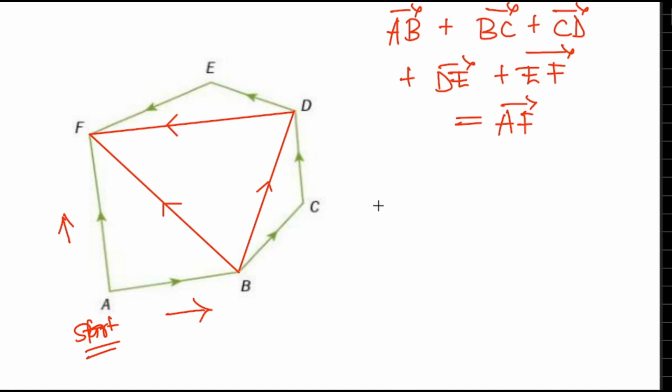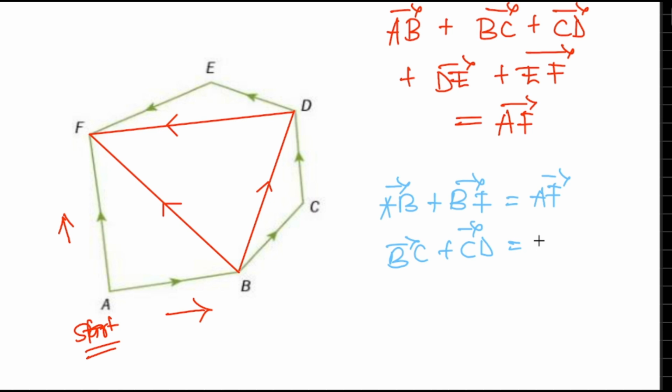So here, if we follow this one, we can have AB plus BF equals AF. And BC plus CD equals what? BD.